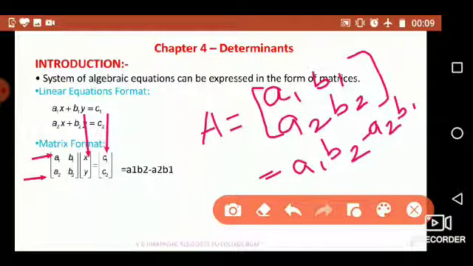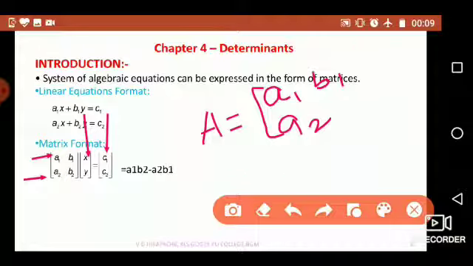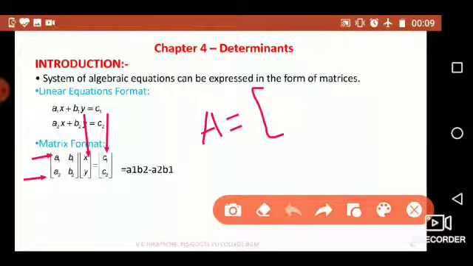Now, this value of the system of linear equations can be a solution of the system of equations.